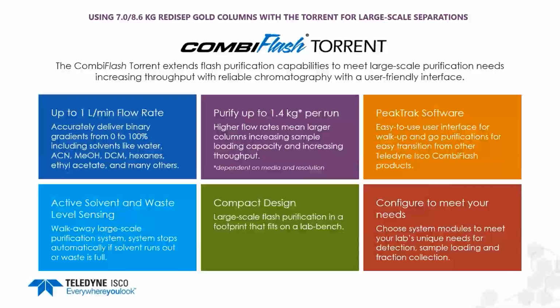At high flow rate, multiple solvents, water, acetonitrile, methanol, DCM, hexanes, ethyl acetate, and many more are all compatible on the system. You can purify up to 1.4 kilograms per run, depending on what your media and your resolution is. And so we can do larger columns, increasing your loading capacity, increasing your throughput, and decreasing the amount of time that you're spending running multiple columns at smaller scale.